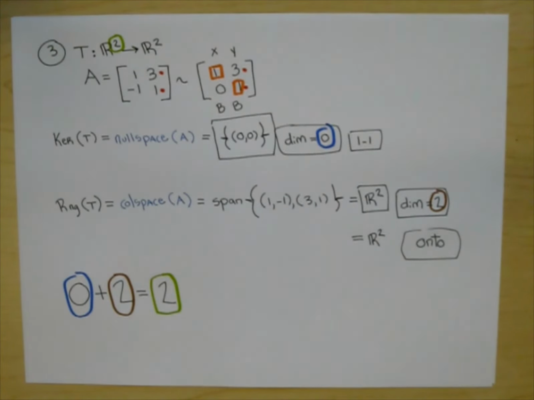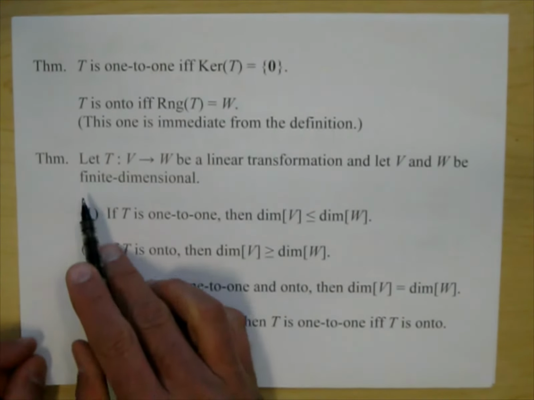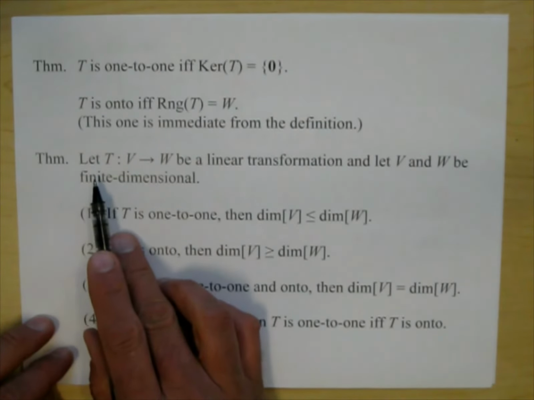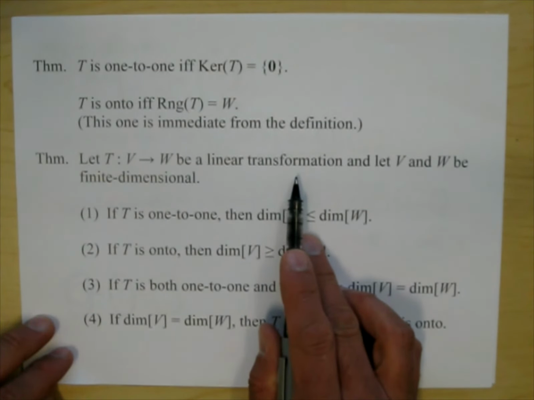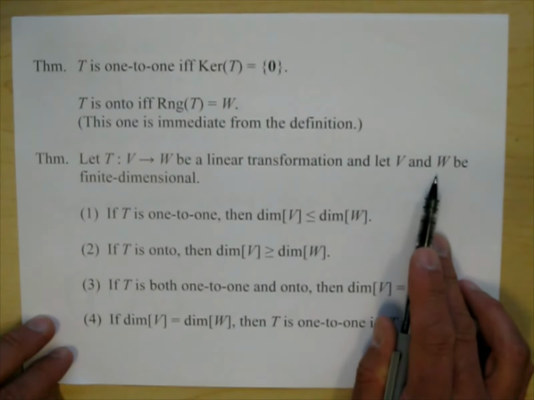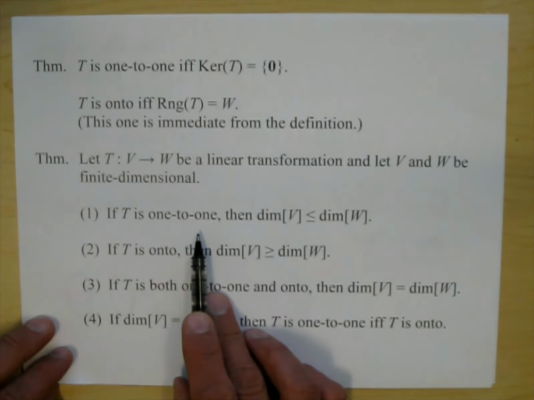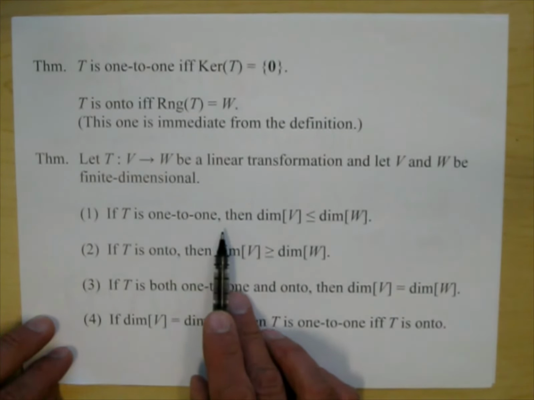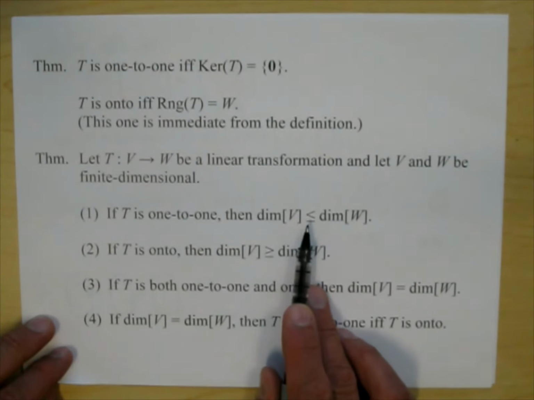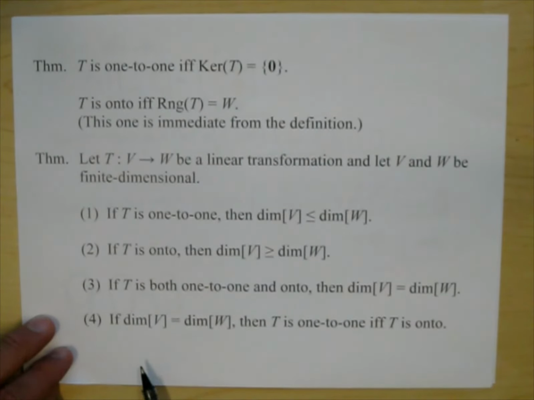Now, before we move on, let's go ahead and take a look at this last theorem from 6.3. You've got a linear transformation. Let V and W be finite dimensional, so they both have to be finite dimensional here. And it says, if T is 1-to-1, then the dimension of V has to be less than or equal to the dimension of W. Now, is this going to help you when you're doing your problems?